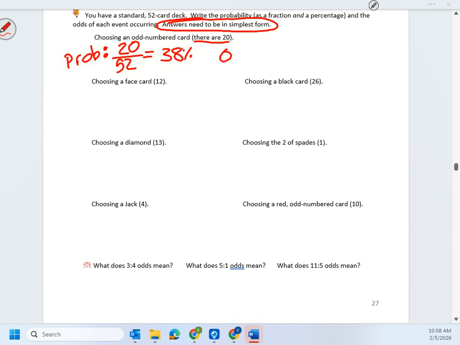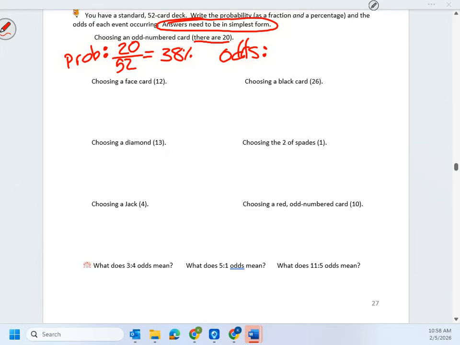Now, we need to write the odds. What does that look like? Who can tell me what the odds are? Look back up at our definition. What does that comparing to?